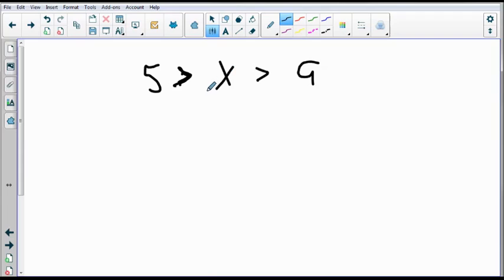Well, this says that x is less than 5 or x is less than 9, which is kind of okay, but then again, it's kind of frowned on. So we need to write it a different way. You might see it written like this later, but for K12 you will not see it written where they both point to the right.